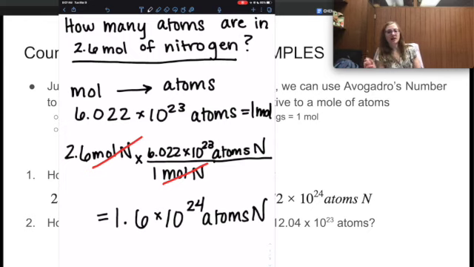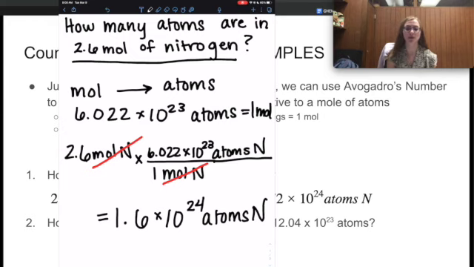This really should have 2 sig figs because 2.6 only has 2 sig figs in it, and Avogadro's number is never going to interfere with our significant figures. So our first problem here, we have 1.6 times 10 to the 24 atoms of nitrogen.